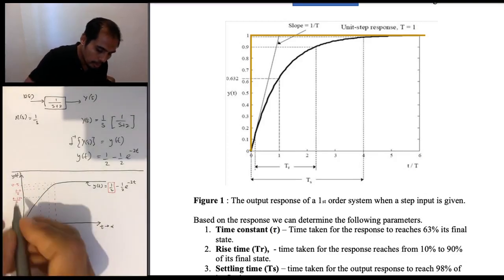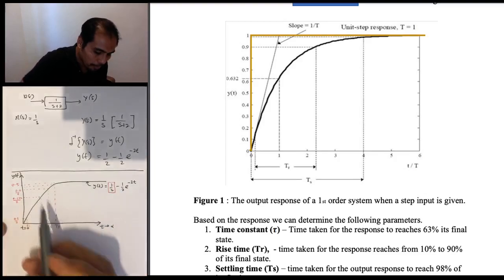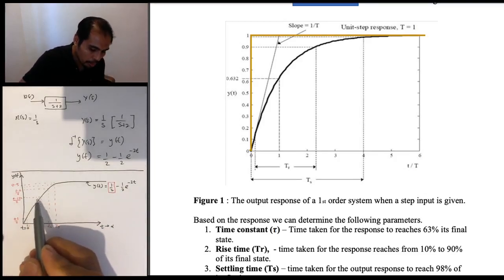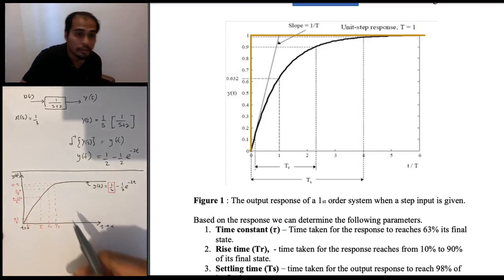Everything has to be divided by 2 because this is the percentage of the response according to its final state, right?